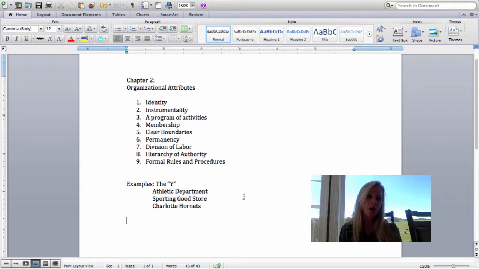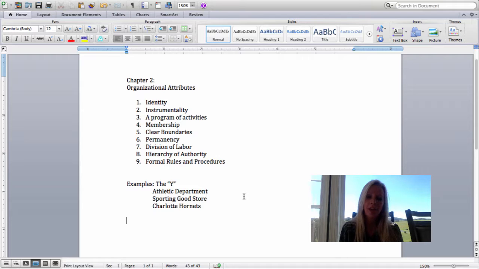Gaining the consumer access to the game, okay, to the athletic department activities. All right, so understand why you're instrumental, your organization, identity, and then who it's instrumental to and why it's instrumental. What products do you have that make it important or instrumental to a body of consumers? All right, third, you have a program of activities.